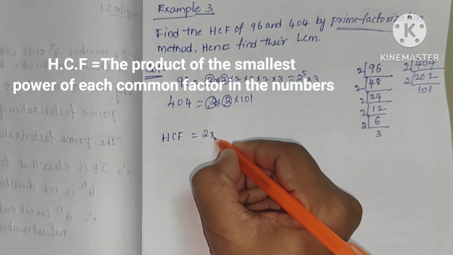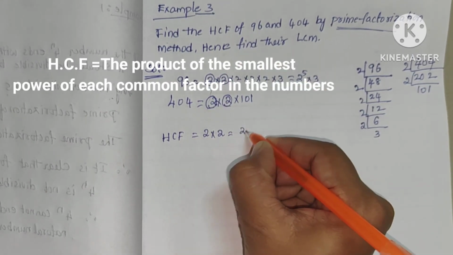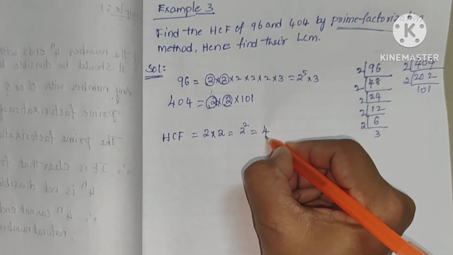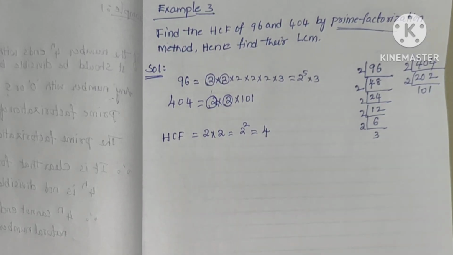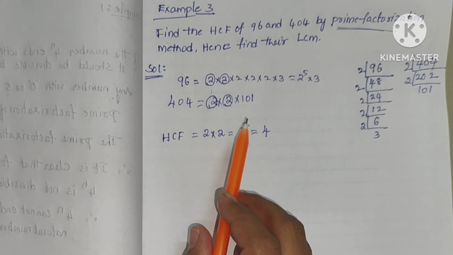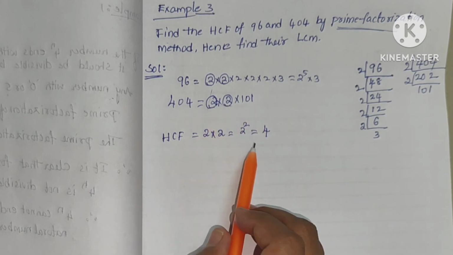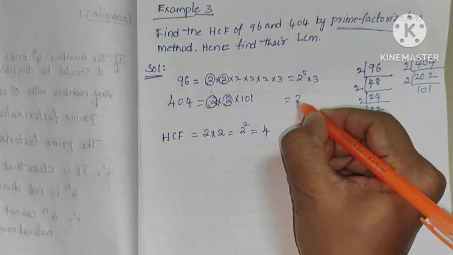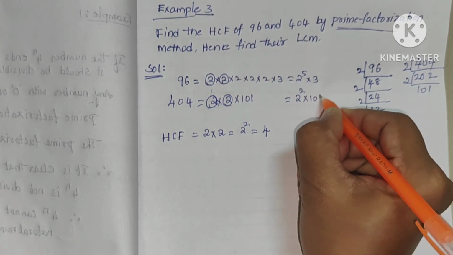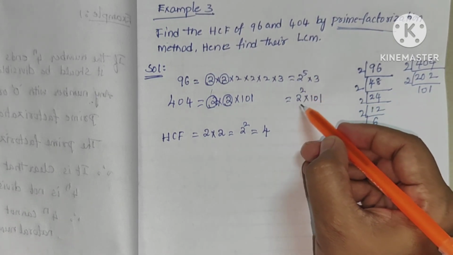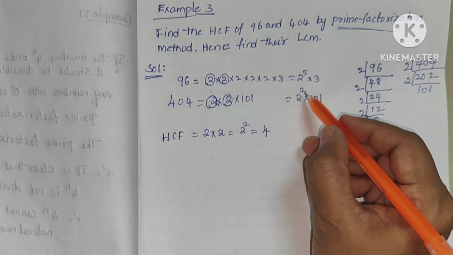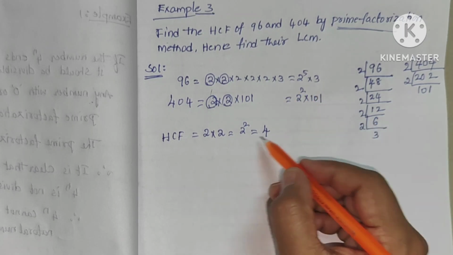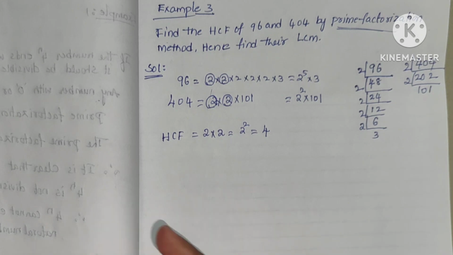So 2 into 2, that is 2 square. So HCF is 4. Actually, see, this is 2 square 1, common factor 2, and what is the smallest power? 2 square. So that is the HCF.